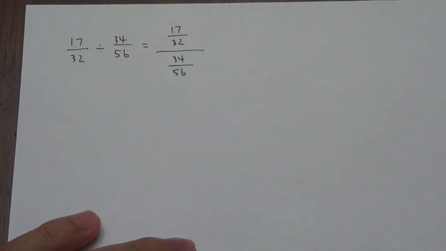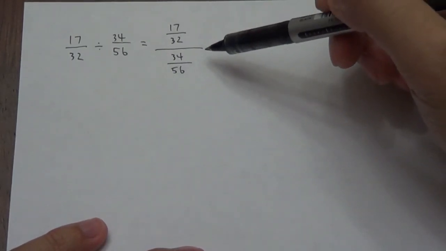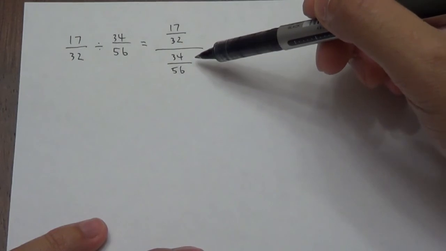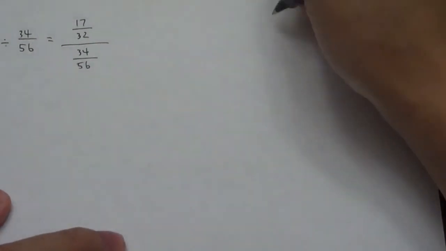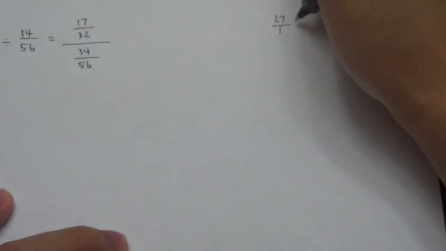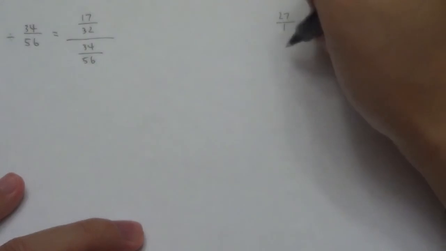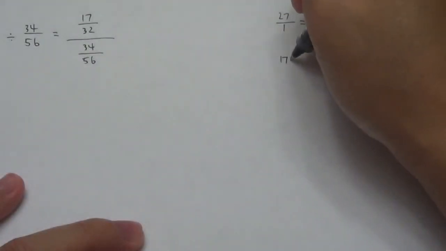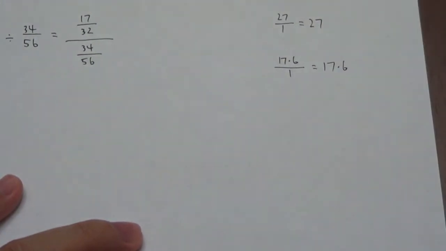We can utilize what we know about reciprocals and how denominators work. Anytime the denominator is 1, whatever the numerator is, that is the number. So for example, 27 over 1 really is just 27, or 17 times 6 over 1 is really just 17 times 6.